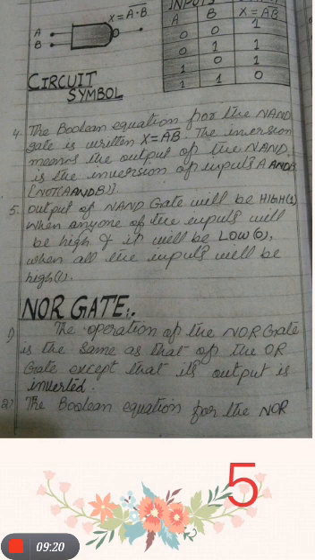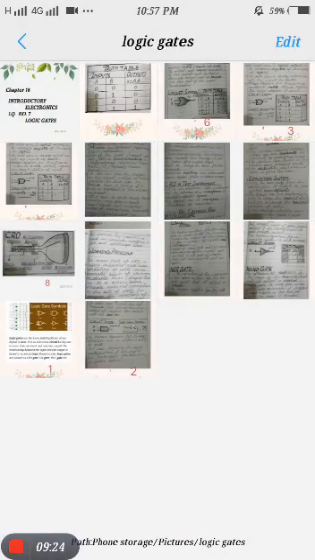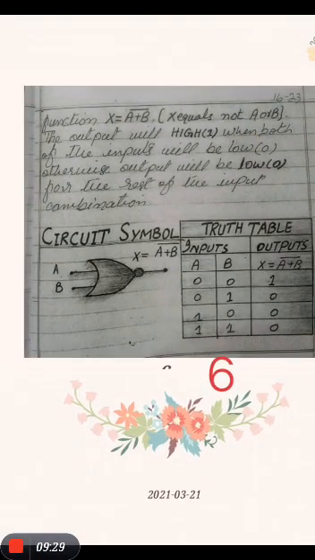The Boolean equation for the NOR gate is x is equal to A or B bar. It may also be called x equals not A or B. The output will be high when both of its inputs are low. Otherwise, the output will be low for the rest of the input combinations.